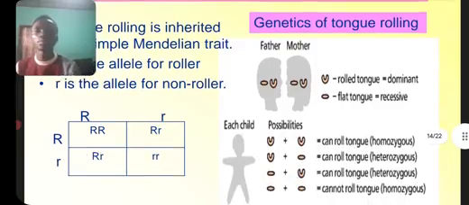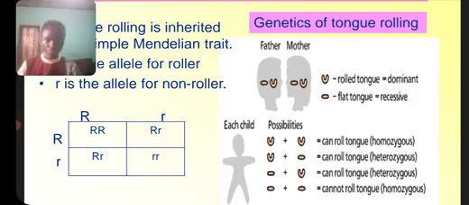When you put it into the Punnett square, we can see that if you cross individuals who are heterozygous for tongue rolling, you end up with tongue rollers and non-rollers in a ratio of 3 to 1, the one being the non-rollers.